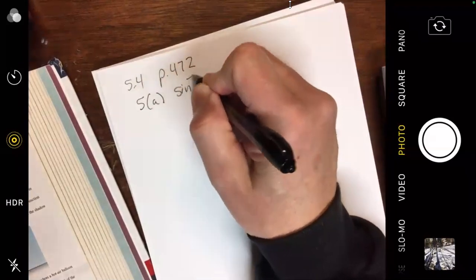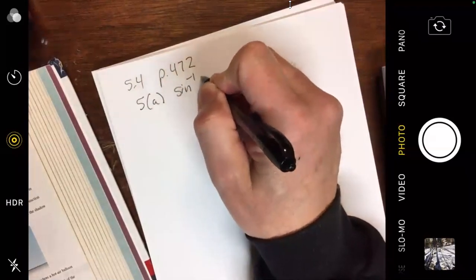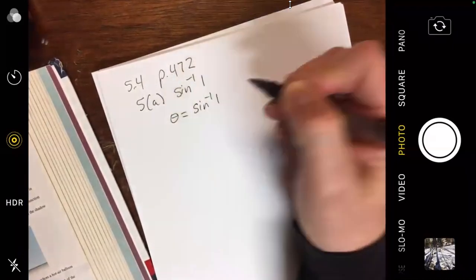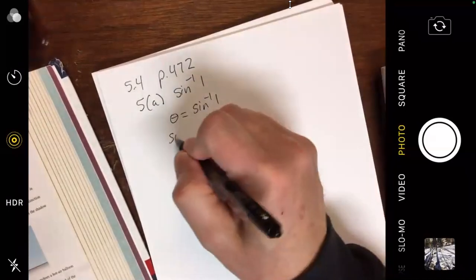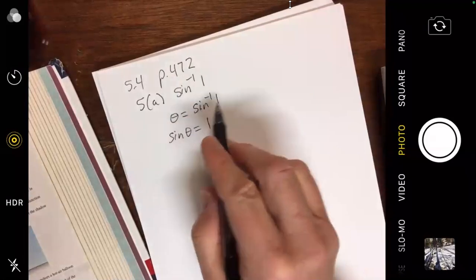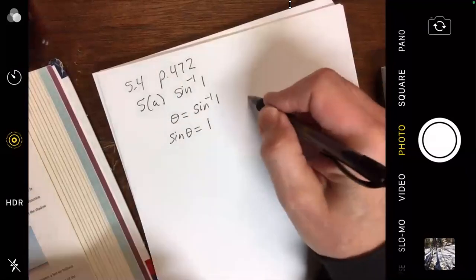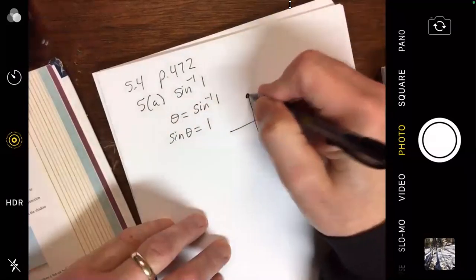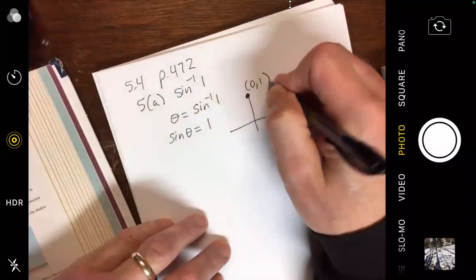Arc sine of 1. Same idea. Write out the steps. Sine theta equals 1, because sine theta here will undo this to give you 1. Well, where is your sine theta 1? Well, it's up here, coordinate (0, 1).